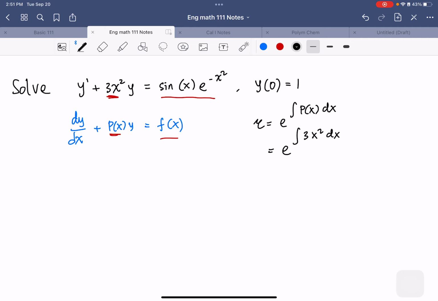So we will have x cubed. So e to the x cubed. Now this e to the power x cubed, we need to multiply to all components in our equations.